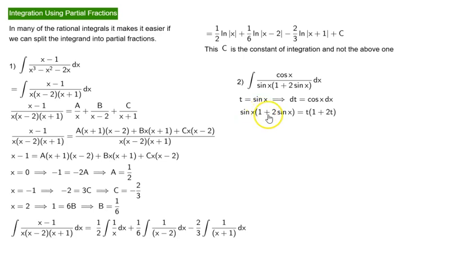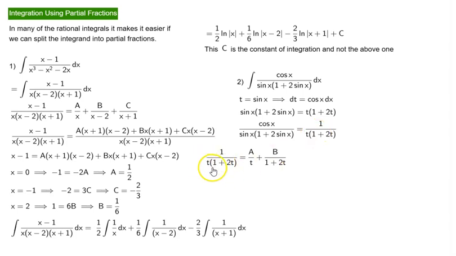And sin x times (1 plus 2 sin x) would be equal to t times (1 plus 2t). So we have 1 by t times (1 plus 2t), and now we find the partial fractions for this.